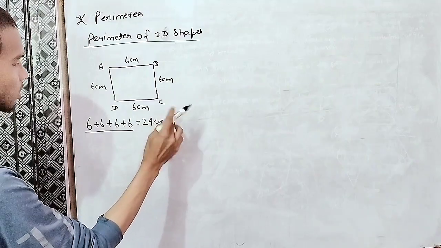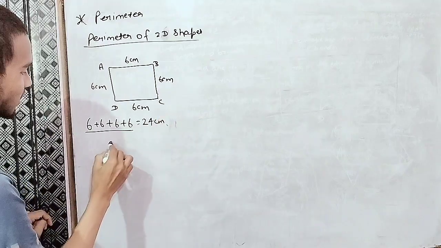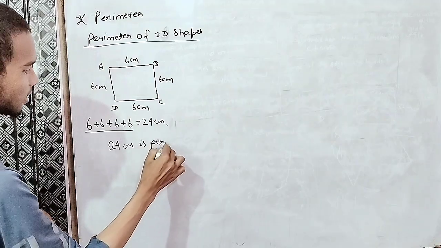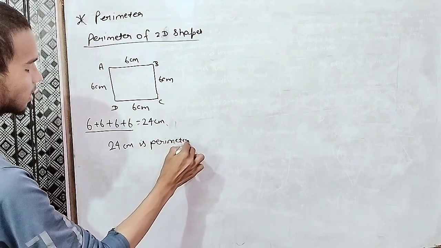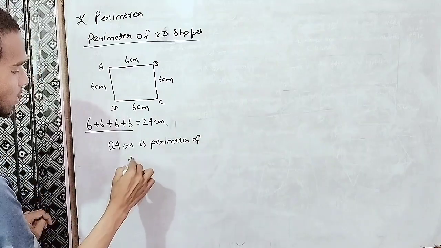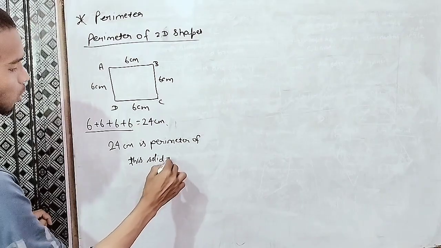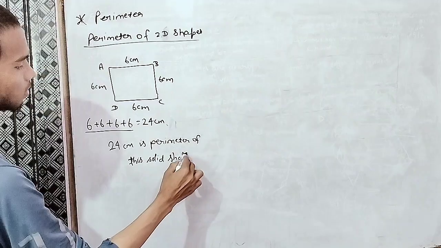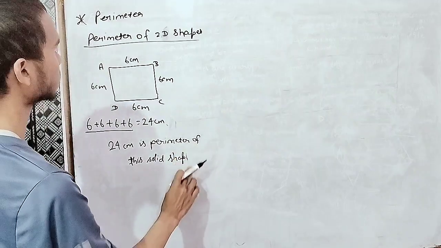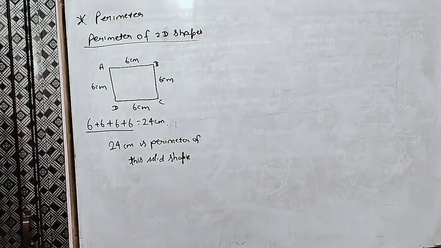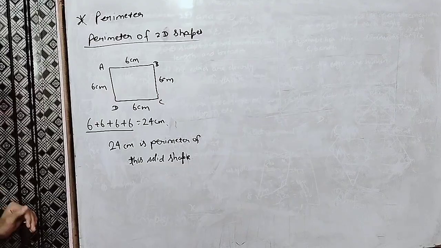This is the answer. 24 centimeter is the perimeter of this solid shape.